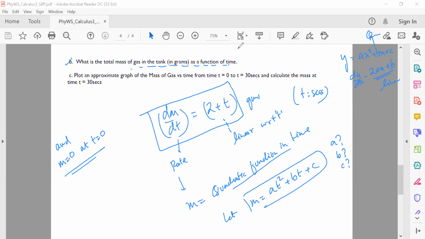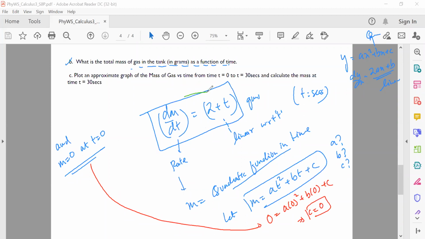So the first thing we'll bring in to find this is this fact: m is equal to 0 at t equal to 0. So we can see that c is equal to 0. And then the second thing we'll bring in is this relation. We'll substitute this over here.